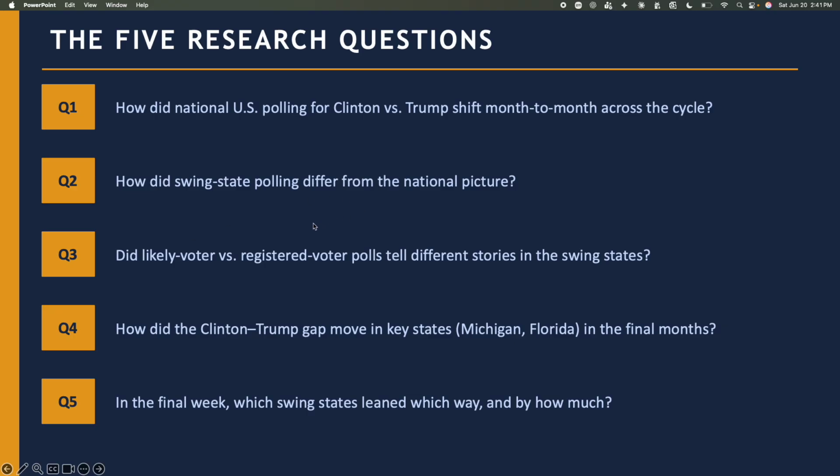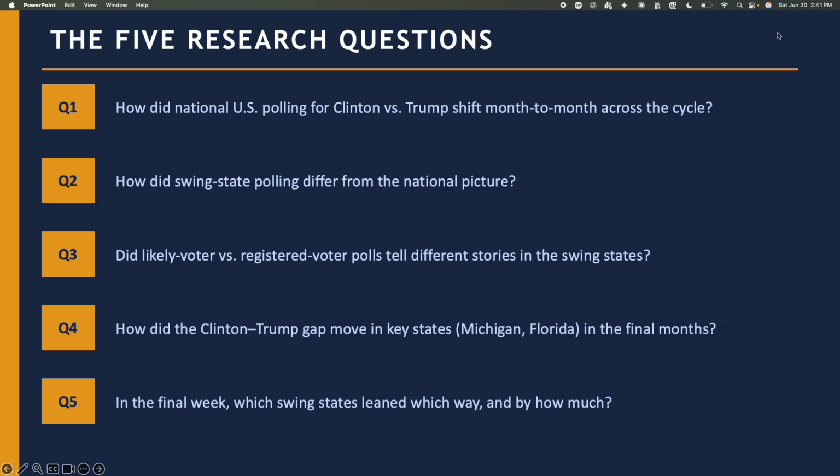Here are 5 specific questions the analysis answered. Question 1 asks about national polling trends month to month. Question 2 compares the national picture to what the swing states were showing.